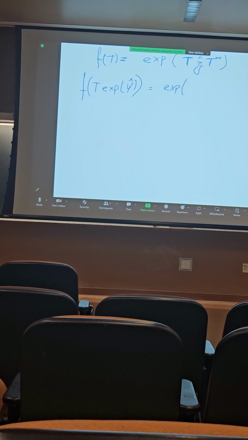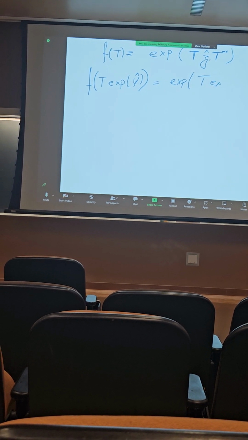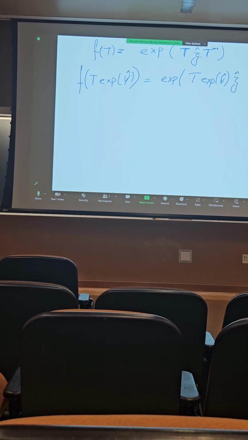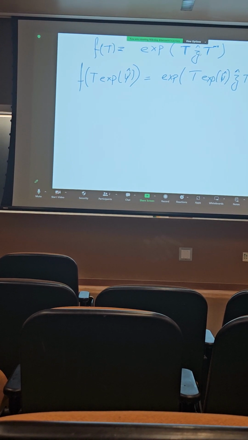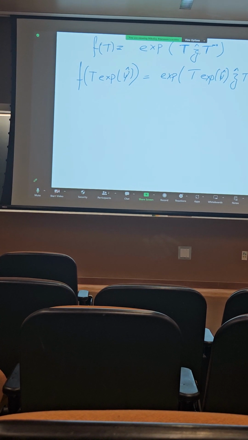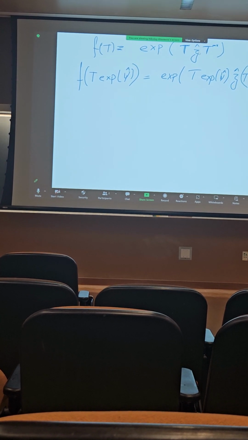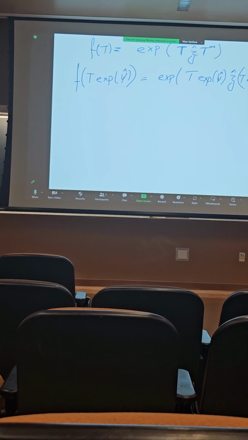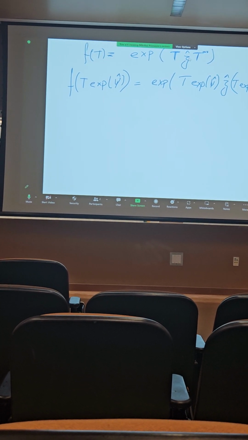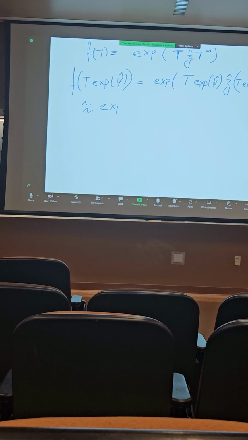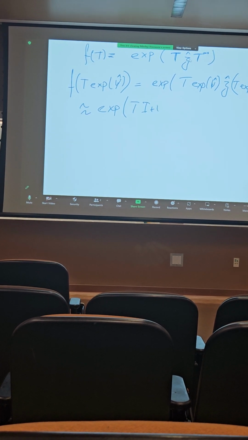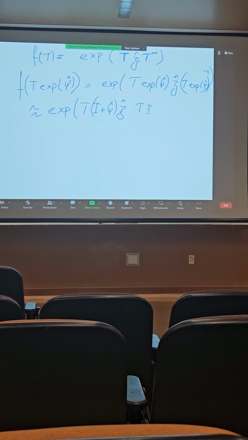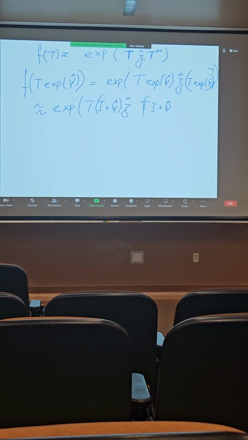We get exp of t of exp of psi hat, zeta hat, and t of exp of psi hat, and then inverse. Okay, then we can do our simplification like before, right? This is approximately exp of t of I plus psi hat, zeta hat, t of I plus psi hat inverse.